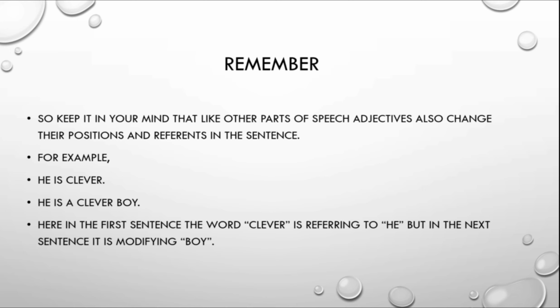For example, I water my plants every day. Here in this sentence, the word water is not the same thing that you refer to in real life, that you drink. No, here the word water is used as a verb in this sentence.